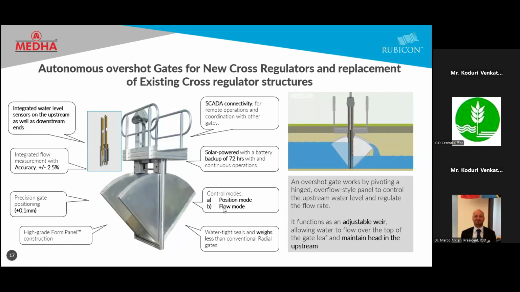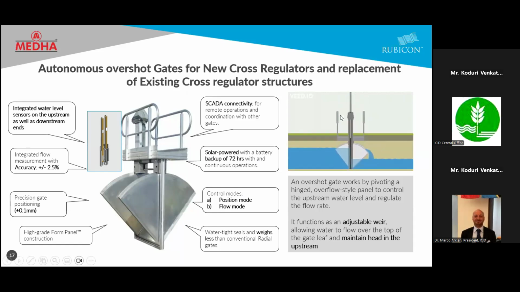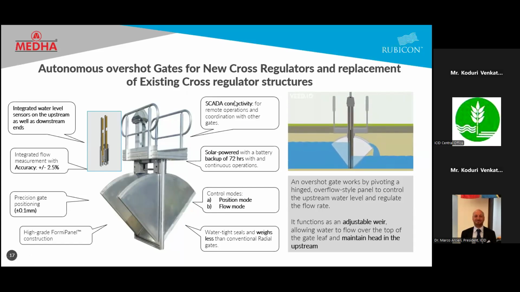But these overshot gates will bring us the precise calculation of water which is going through them, controlling the upstream and the downstream water level by measuring continuously and operating on their own. The salient features of such gates are that they are integrated with upstream and downstream level sensors.